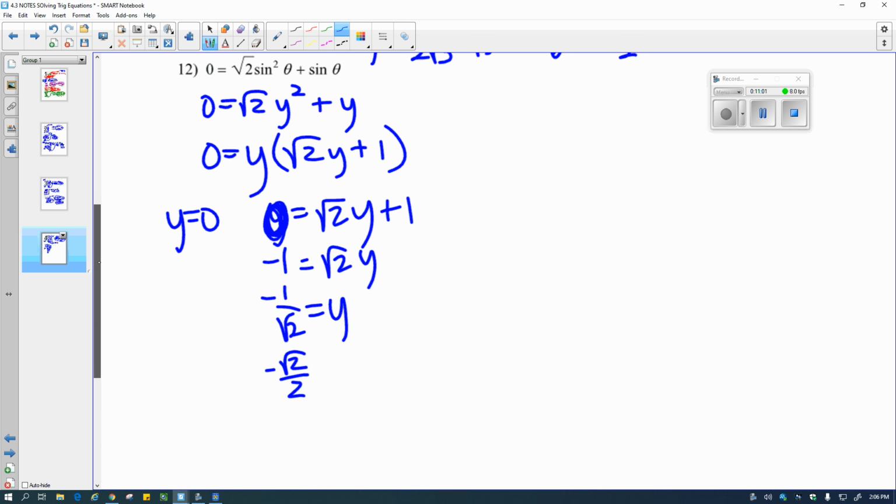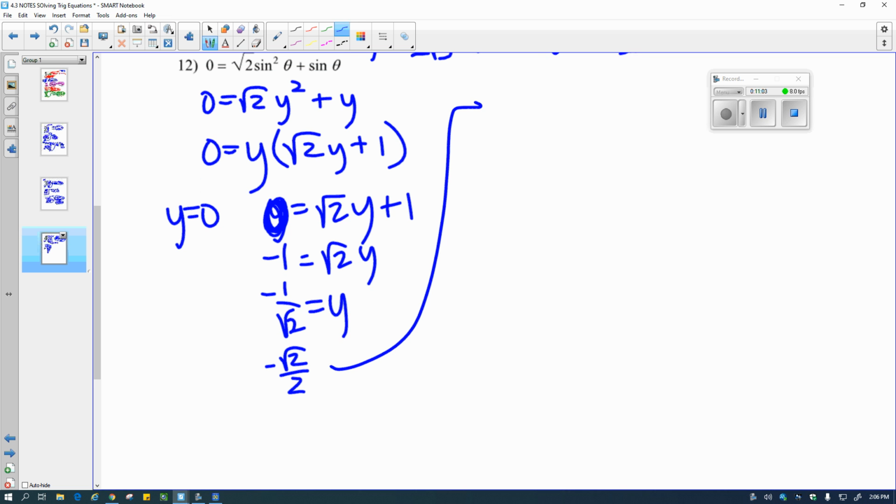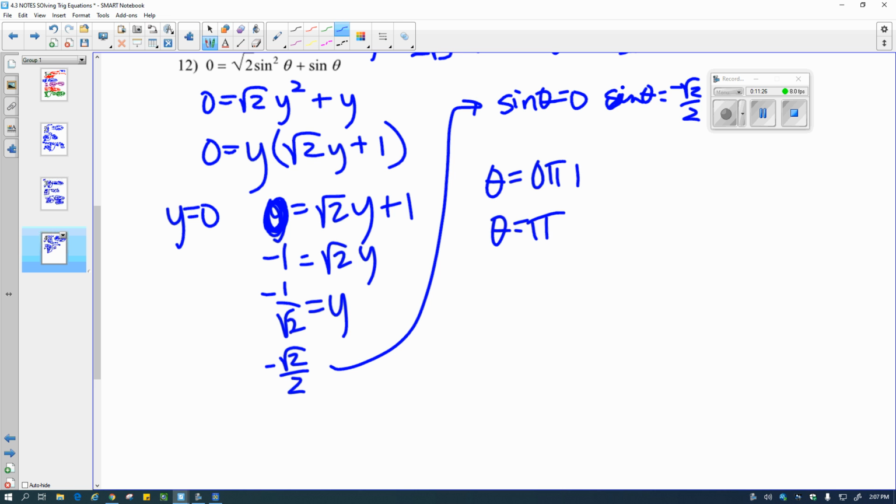So when I go set up my final step in the solving, I'm finding out when sine is 0 again, and when the sine is negative square root of 2 over 2. Sine is 0 again at 0 pi, or just 0, and at pi. And I'll add my 2 pi k.